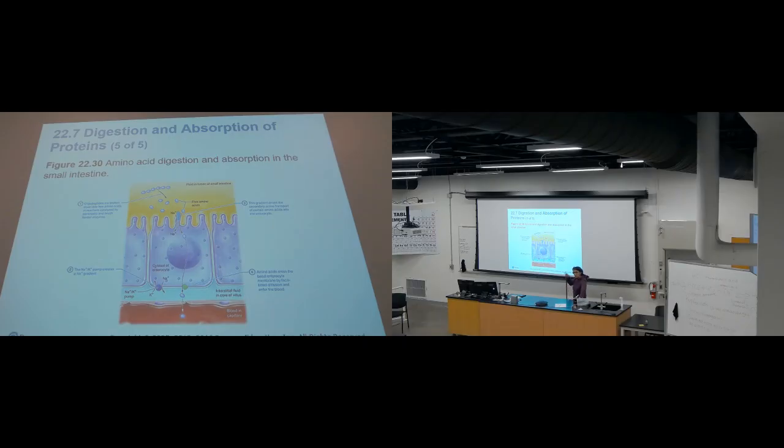So we have pepsinogen that when it combines with hydrochloric acid, you have pepsin, and pepsin starts digesting your proteins into polypeptides, and then you have some enzymes from the pancreas, the brush border enzymes that are located as well here, that break down these oligopeptides into free amino acids.